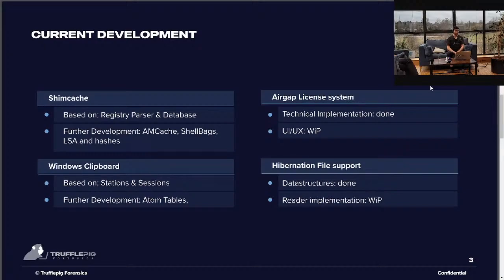Then the AGAP license system. So right now, you can enter a license on an AGAP system. The problem, even in the 1.1, is that it's not really intuitive. It just asks for a license, I think actually for a license key. And that's not really true, because you should enter a license there, and the license key and the license are different things.